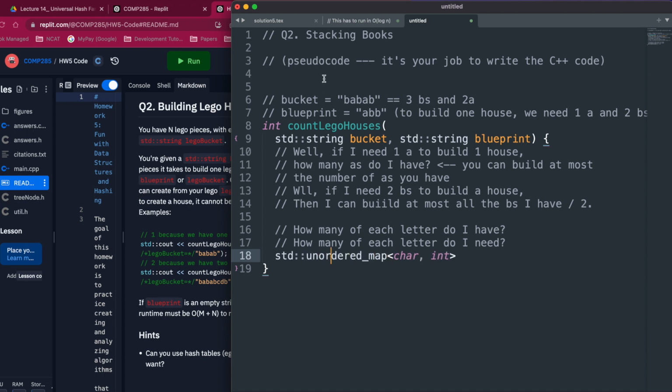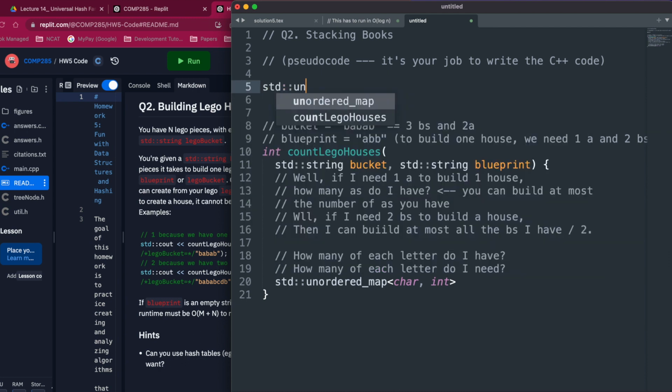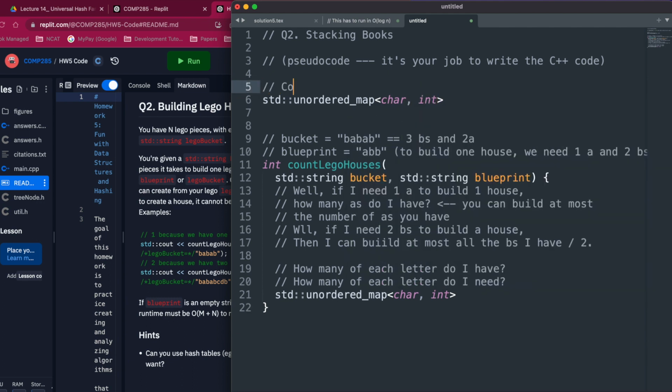Okay. To help out, we're actually going to write a helper function whose job is to count the number of characters in a string. So countString, and you could say this takes a string as input.